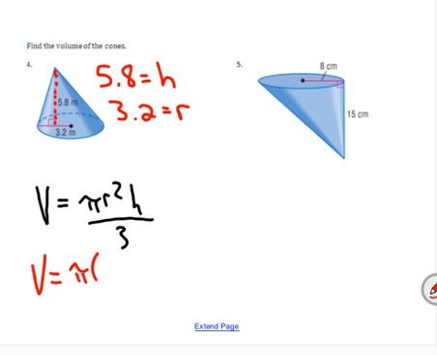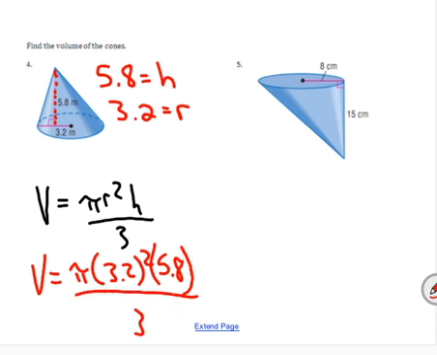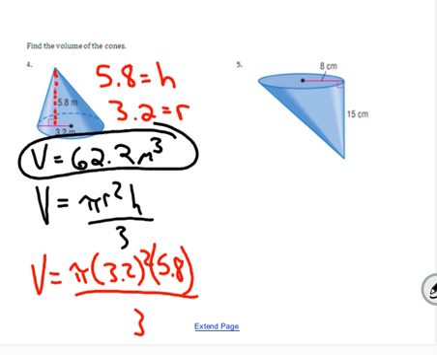So you should know how to do pi, 3.2 squared, 5.8. Put parentheses about that. And then the final step would be hit divide by 3. So what I would suggest is in this one, you can actually enter everything at the same time, and you should get a volume that equals 62.2 meters cubed. Remember, volumes are cubed.